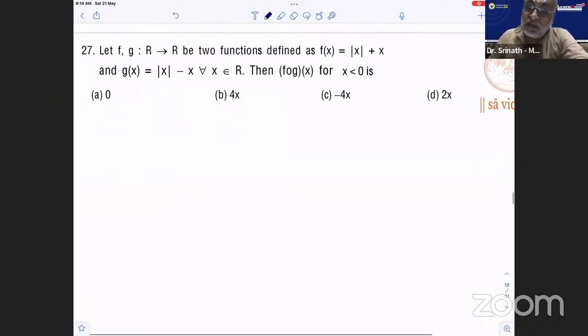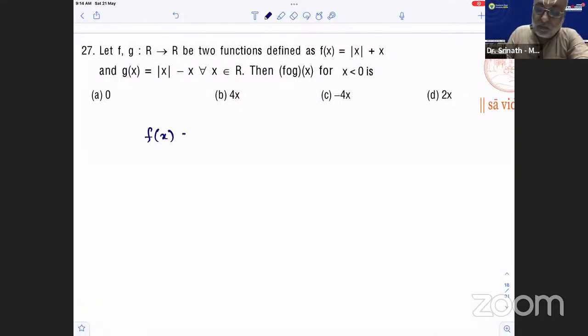Here, you have been given two functions, f of x and g of x. So f of x is given to be mod x plus x. G of x is given to be mod x minus x.